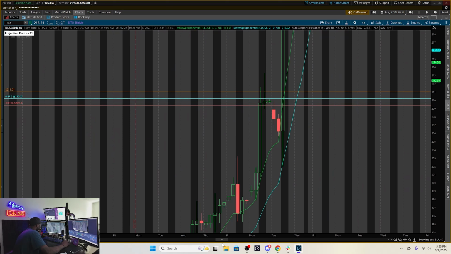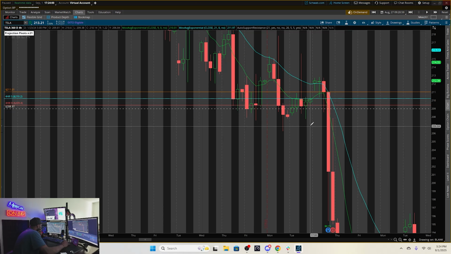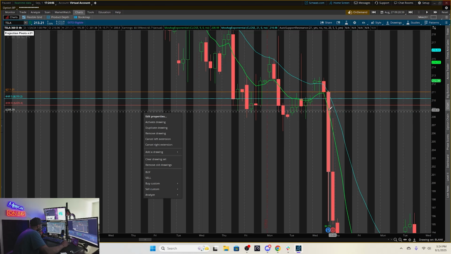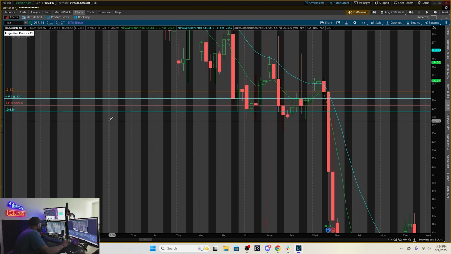Can I find anything else under this? I have a support right here at 208.97. Kind of close to 209.4. Let's see, what can I do a little bit better, give it some room. 208.59, I'll do 208.59, that lines up with this level right here.